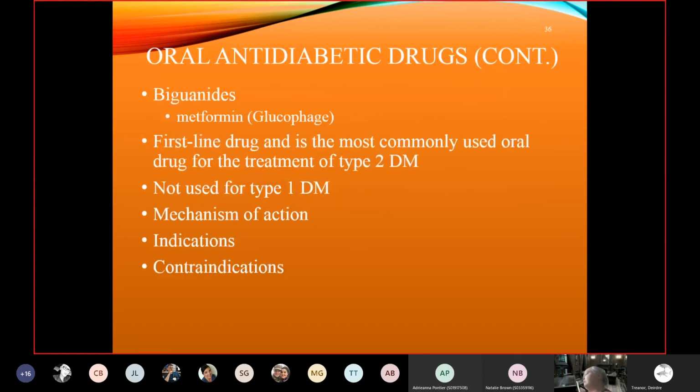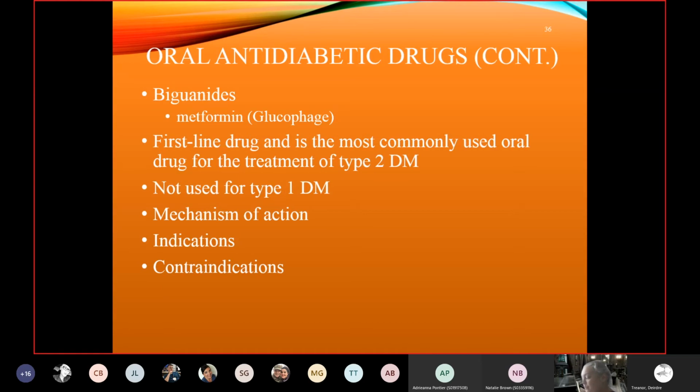Okay, so biguanides, metformin, also known as glucophage, is first line, and it's the most commonly used. So its mechanism of action is it decreases glucose, right, Natalie? Decreases glucose production by the liver. So the liver isn't producing as much glucose.